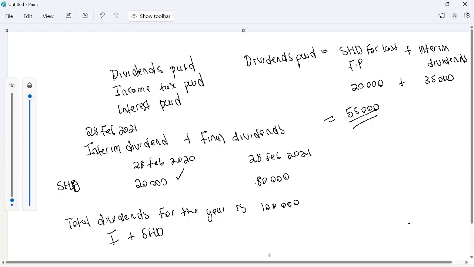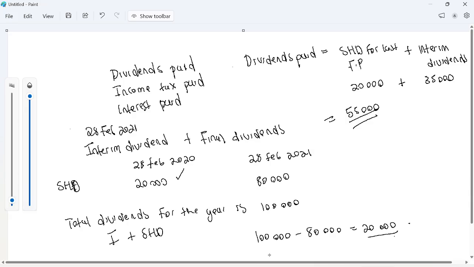Meaning you have shareholders for dividend for the current financial period. You have total dividend, meaning the difference between these two will give you your interim dividend. Meaning I would say 100,000 minus my 80,000, then I'm getting my 20,000 of interim dividend.